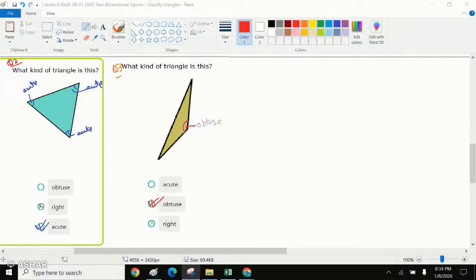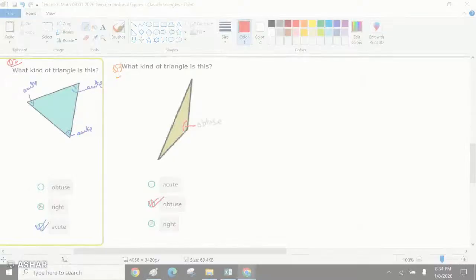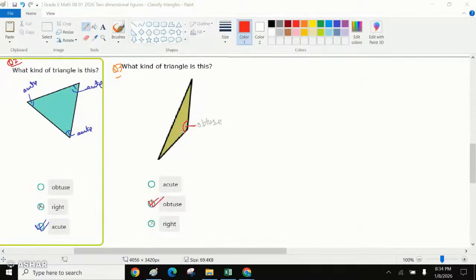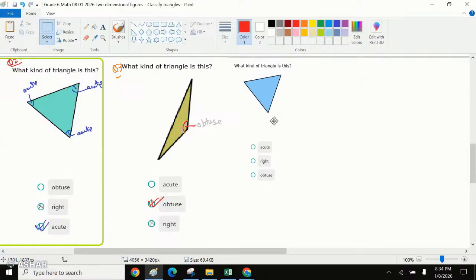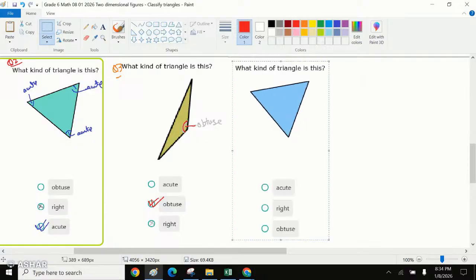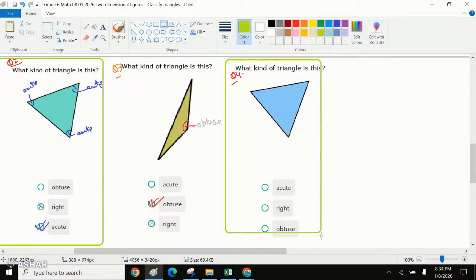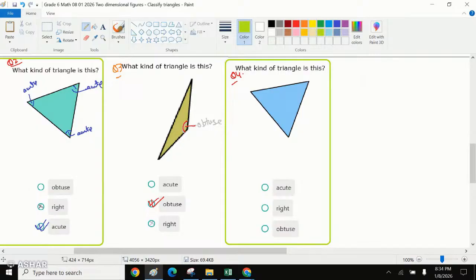The next question we have is, what kind of a triangle is this? Very similar question, just a little difference in the shape. Question number 4. There have to be two acute angles for any triangle, because a triangle can only have 3 angles.